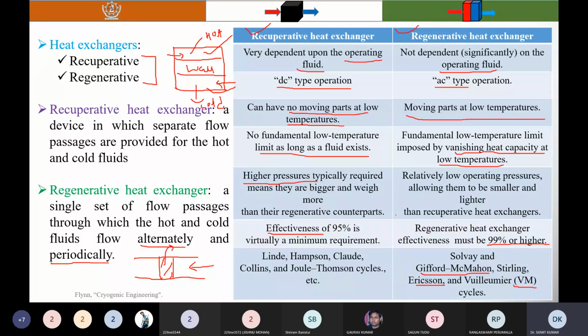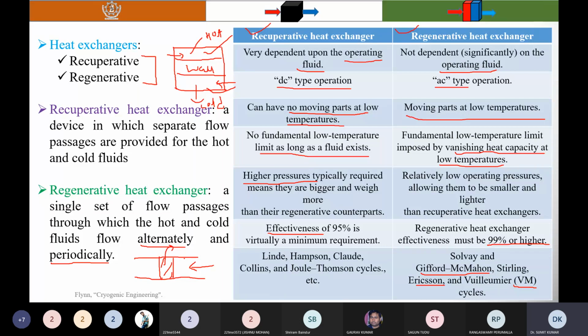The regenerative heat exchanger looks very simple, but its design is very complex because we are going to exchange the energy between the hot and cold fluid with the matrix, the regenerative matrix, which is porous. So that's why the design of the recuperative heat exchanger is comparatively easier than the regenerative heat exchanger. Okay, so those things I will discuss in a later lecture. So now we should remember the basic difference between the recuperative heat exchanger and the regenerative heat exchanger.